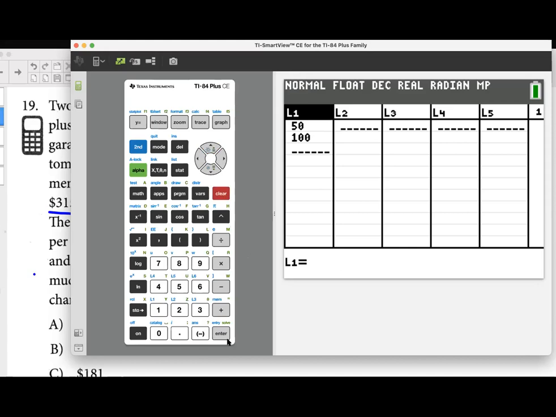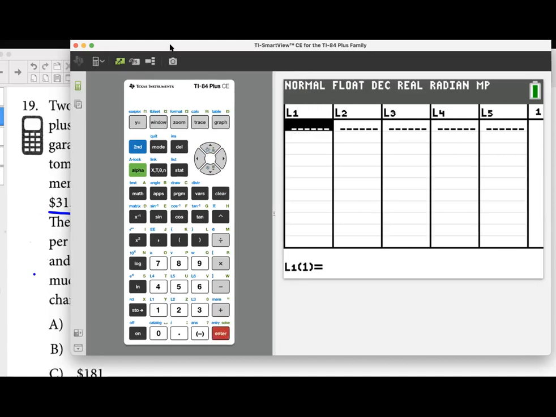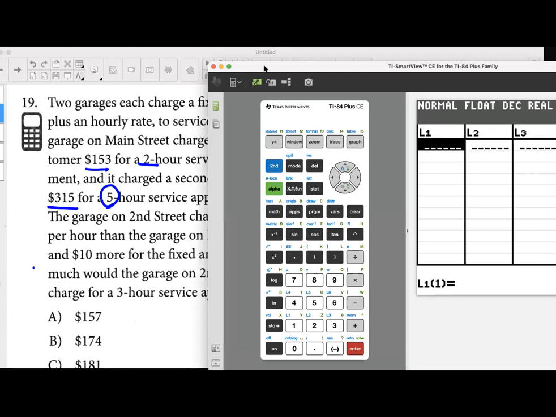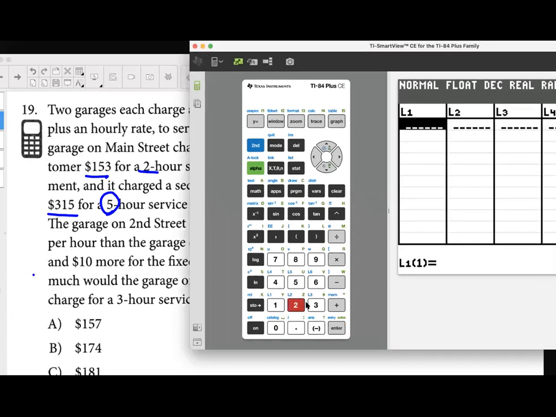So in L1, I'm going to type in X values. In this case, X values are 2 and 5. Corresponding Y values will be the amount of money, 153, and then 315.